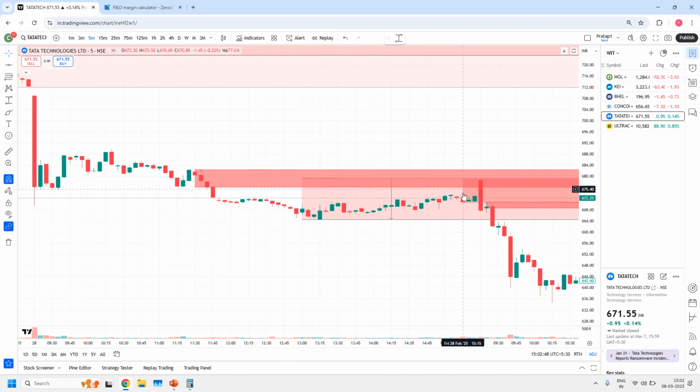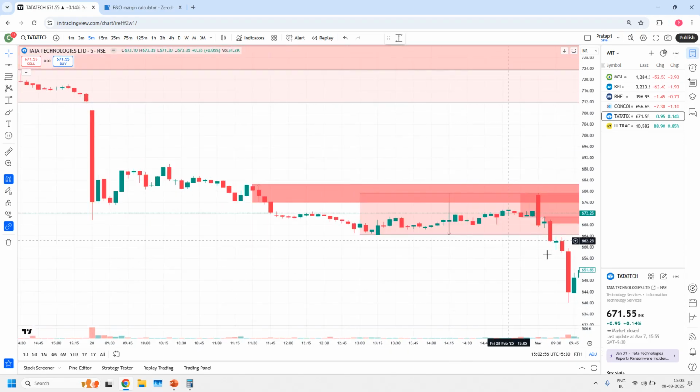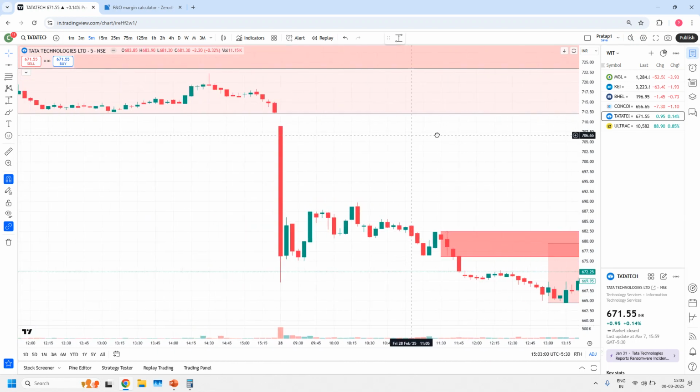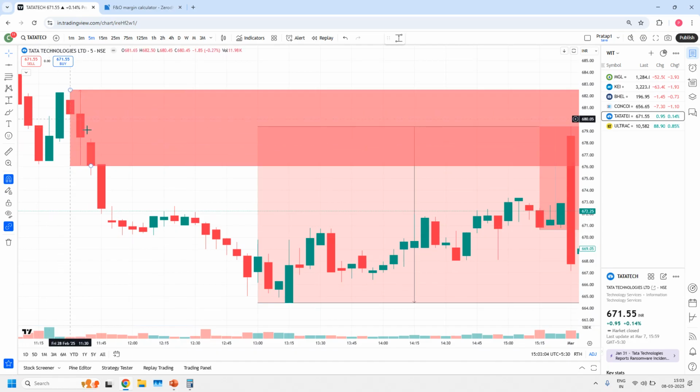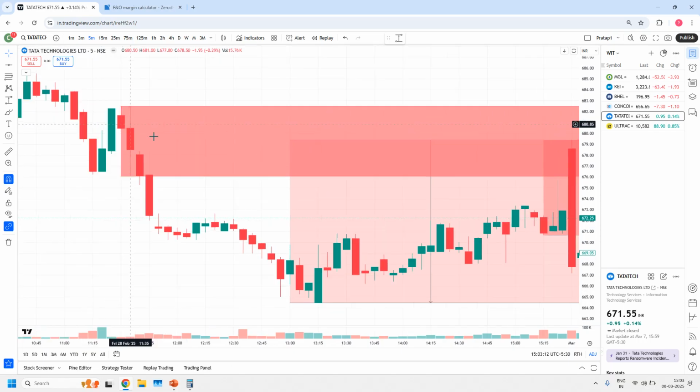Of course, this 75 minute zone is also having a 15 minute zone. So that means you have multiple order flows. This is the one and this is the one, and this is a big order flow. Rally base drop. All these are medium sized candles, and the drop candle is a large candle. And this is the origin.